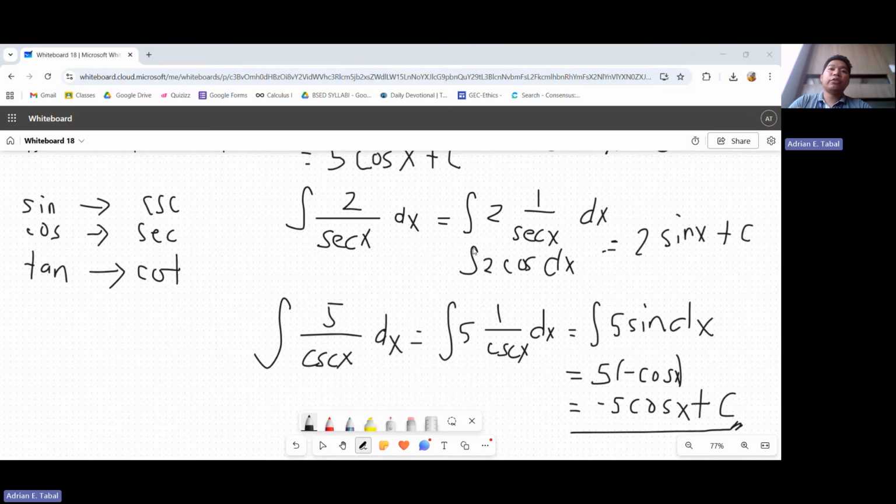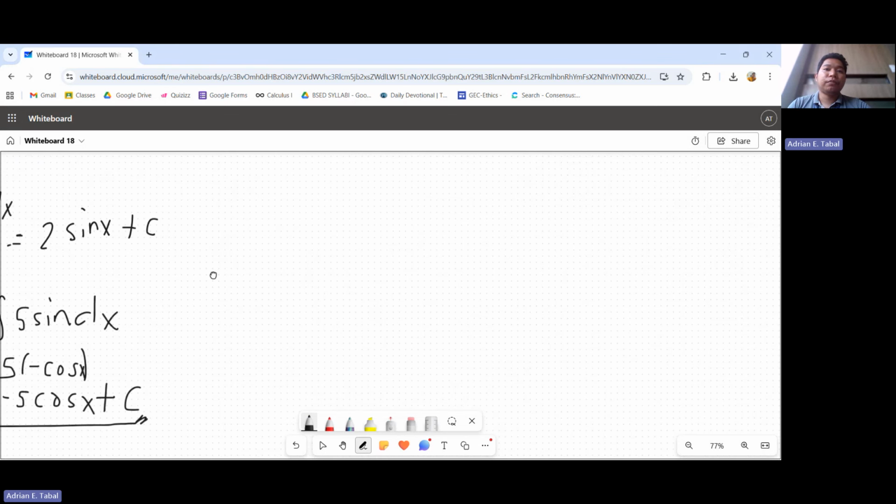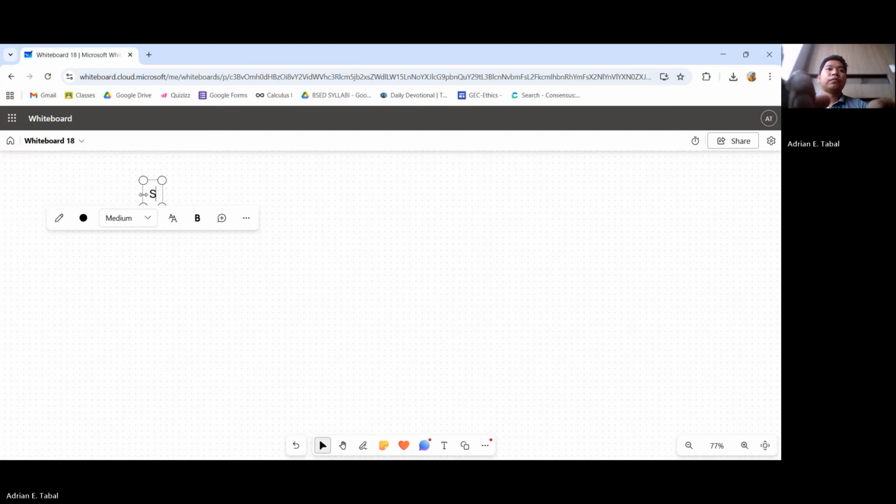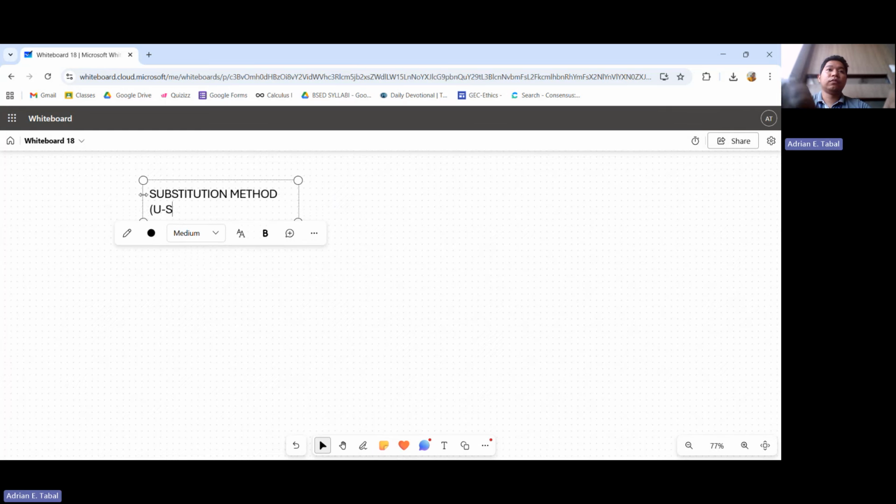So I'm going to introduce to you the second way of finding the integral of a function, which is the substitution method, or U-substitution.